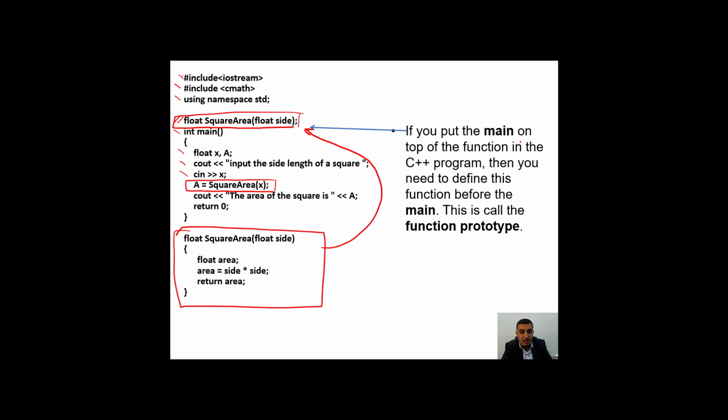So if you put the main on top of the function in your C++ program, then you need to define this function before the main. You need to call what we call a function prototype. And it's a very commonly used method. We put the function prototypes. Now the function prototype is the same header as the function, but followed by a semicolon.